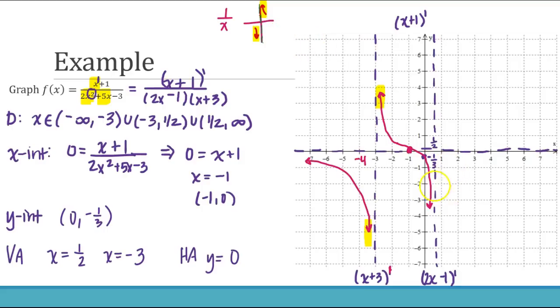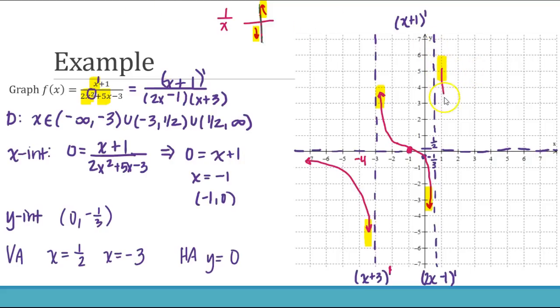And for the same reasoning, I can make quick work of this one over here. Since this multiplicity is 1 that came from 2x minus 1, this 1/2 vertical asymptote came from this factor. Since this side goes down to negative infinity, that means that I'd have to have the opposite happening on the other side of the asymptote. So this side will have to go up towards positive infinity.